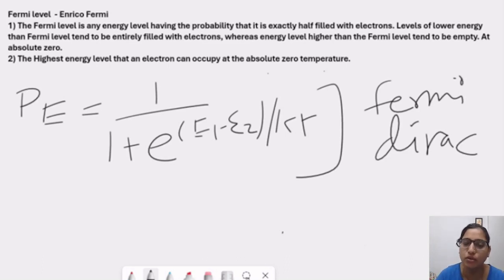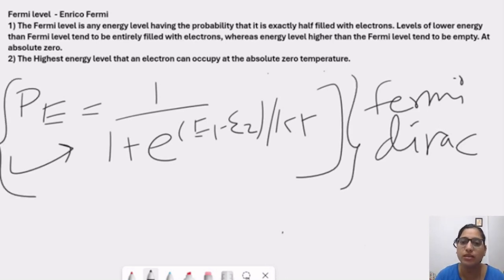So the Fermi Dirac distribution function defines how much probability of electron in a shell is there. To derive this formula is beyond the course of this syllabus, which is basic electronics, but in higher studies, in semiconductor physics basically, we study this. Till now we will study that this is the basic function, the Fermi Dirac distribution function, from which we calculate our Fermi levels in metal, insulator and semiconductors.